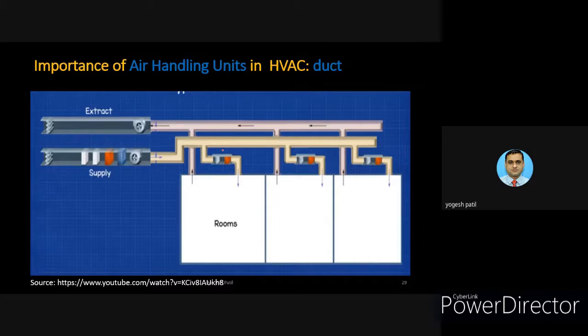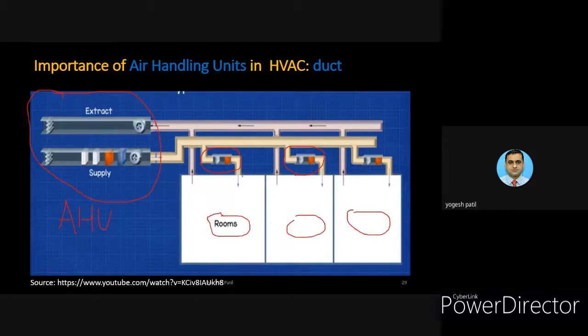After this you can see that this particular portion is actually the AHU, what I have shown you earlier. This is the AHU, and after this, if you observe these particular things, you can see a second room. This is room number 1, room number 2, room number 3.